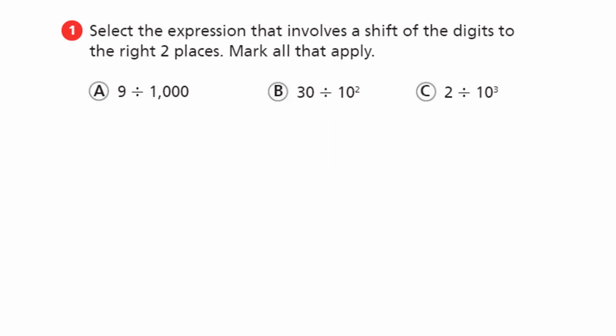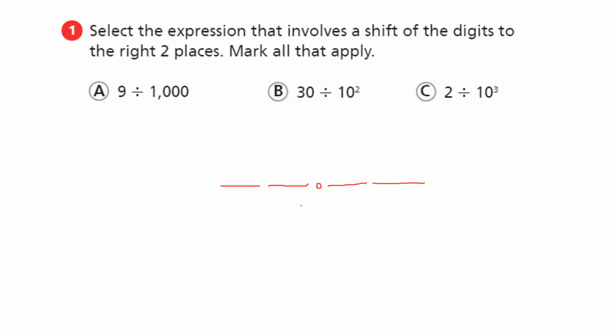It says, select the expression that involves a shift in the digits 2 places to the right. So let's talk about what they're really saying here. So here's a number. Here's a decimal.